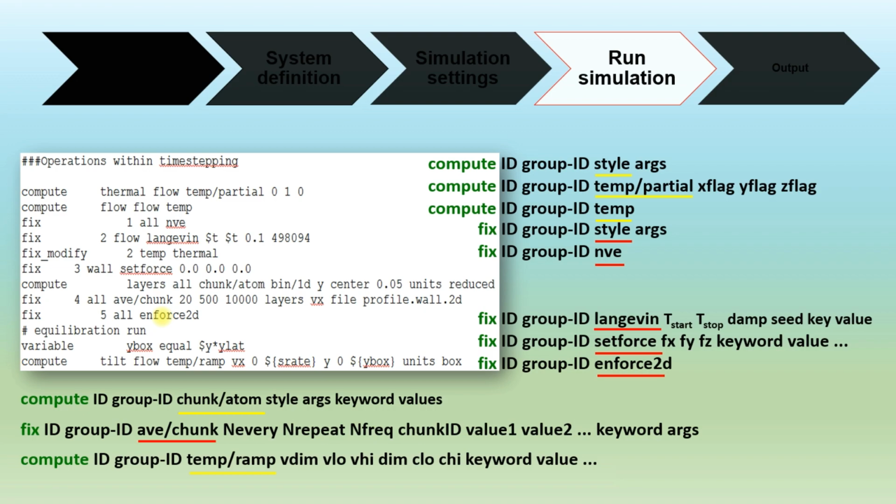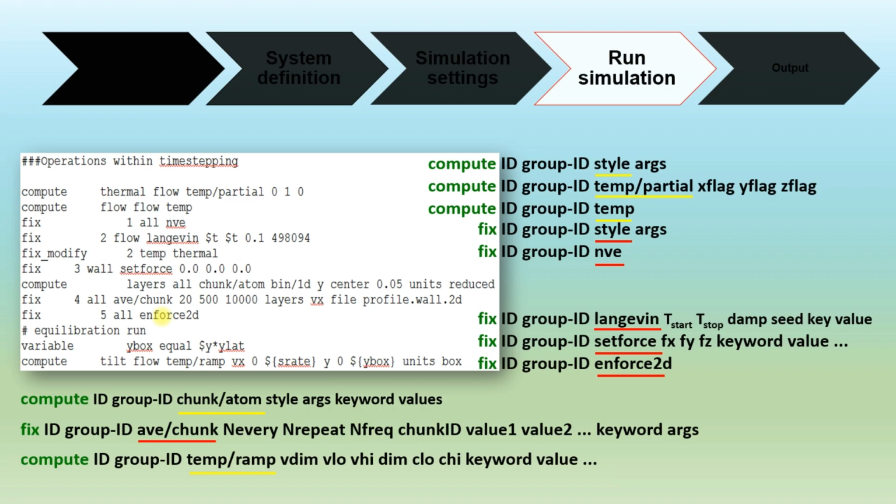And n repeat means 500 input values for calculating averages. And frequency means calculate average after every 10,000 time steps. So after 20 steps it is taking the chunk values and calculating the average after 10,000 steps.